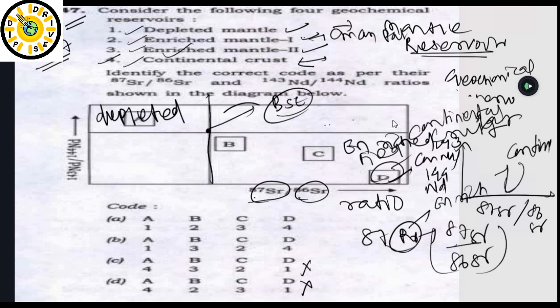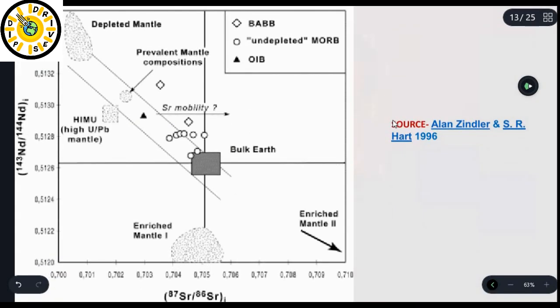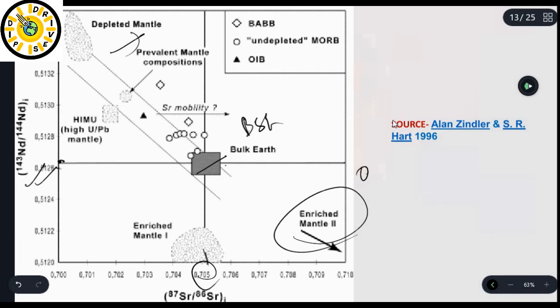So it is simply a plot between those types of ratio. So let's see, this is the depleted mantle, this is the bulk silicate, and this is the enriched mantle. This ratio is approximately 0.705, right? So this ratio tells about the bulk silicate earth, the enriched source and the continental crust.